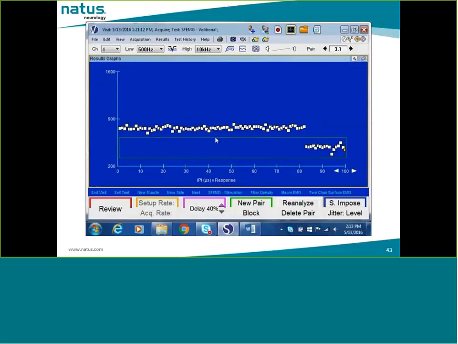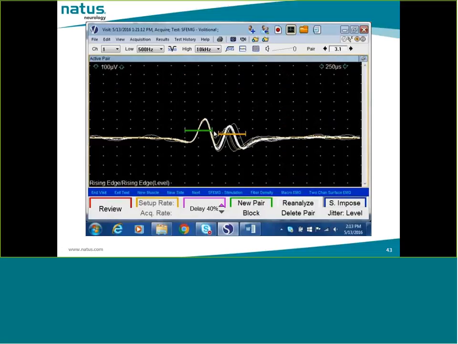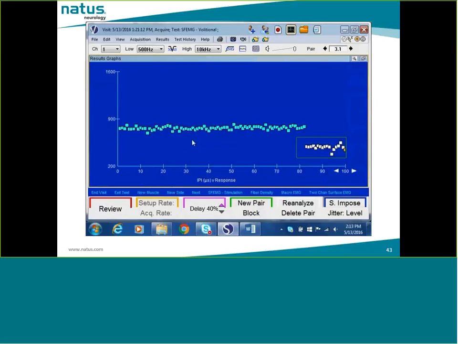Bring the top limit down. It's not necessary, but you can also change the limit on the left. And now I'm analyzing jitter from the shorter interpotential interval motor unit. In this way, we can adjust the limits of this box on the interpotential interval plot and select the appropriate motor unit activity for analysis.